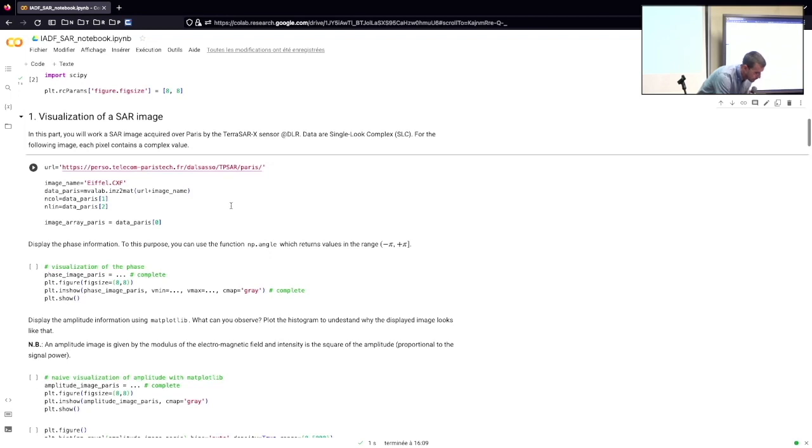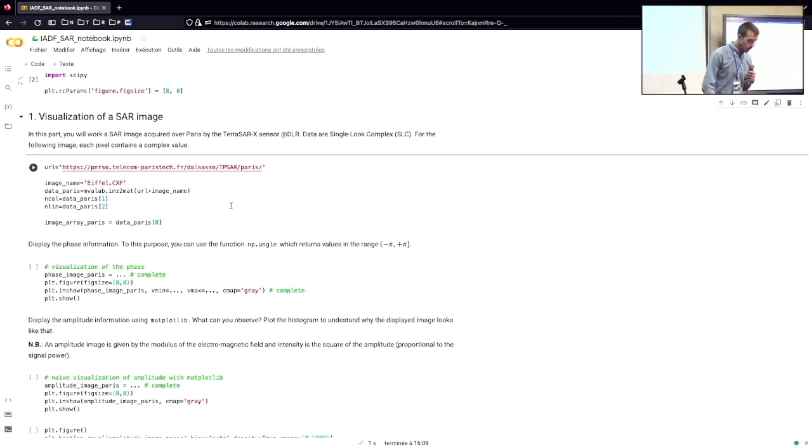So we can start by visualizing a SAR image. I'm going to recall some of the concepts that have already been covered during the theoretical part, but during the hands-on, recalling these concepts will maybe imprint on your memory what has been said before.